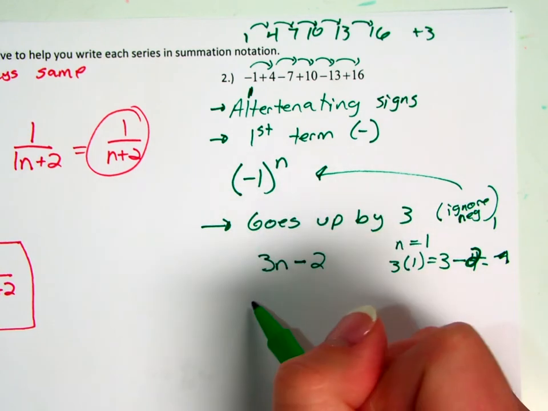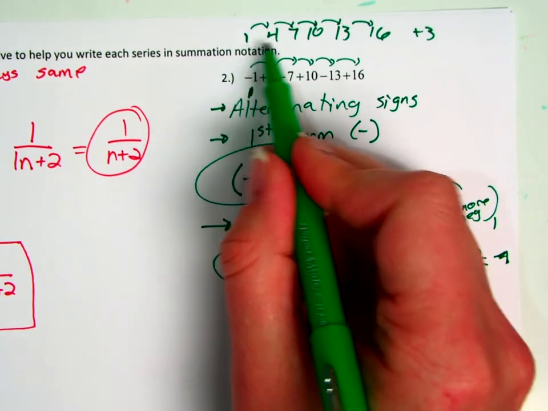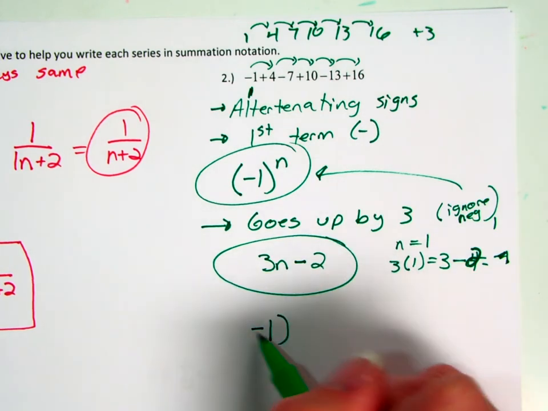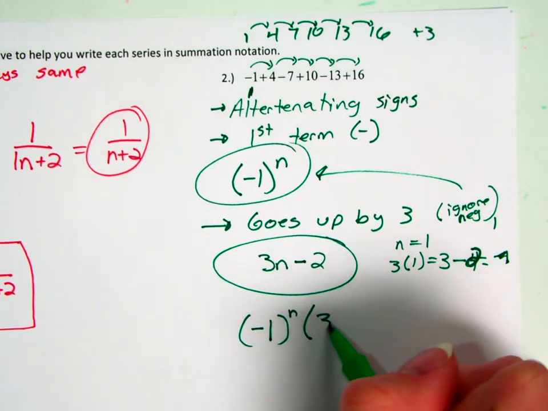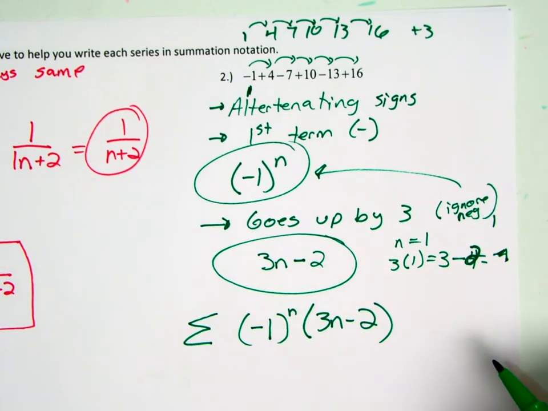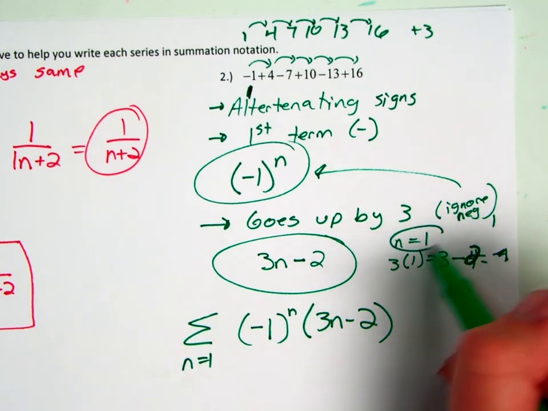So now we have 2 base pieces. This will get me my negatives, and this will get me my base numbers of 1, 4, 7, 10. So we have -1 to the n times 3n minus 2, and that's the base of my summation. And this was my first term, which I chose to be n equals 1, right?